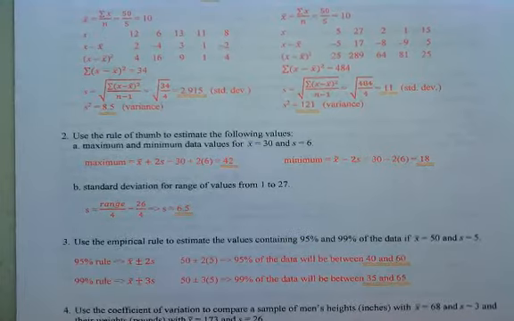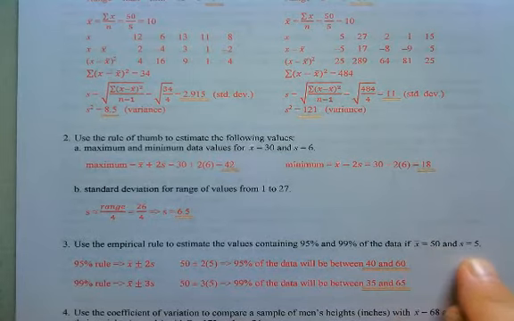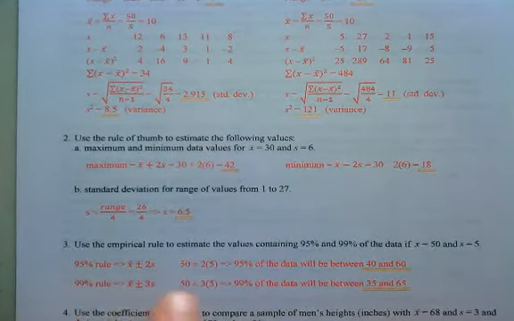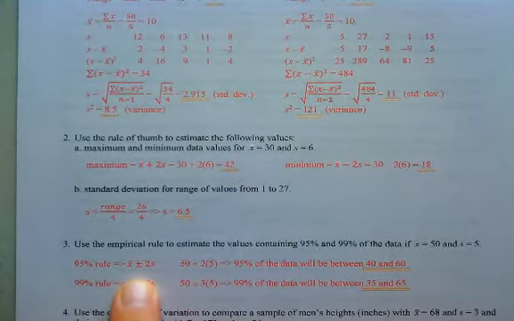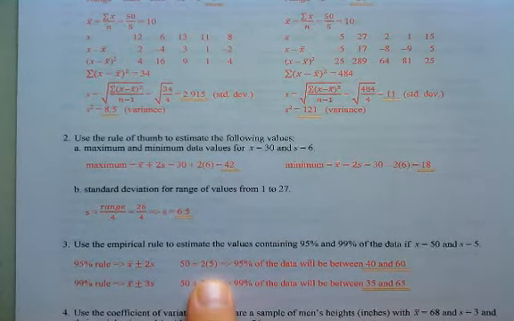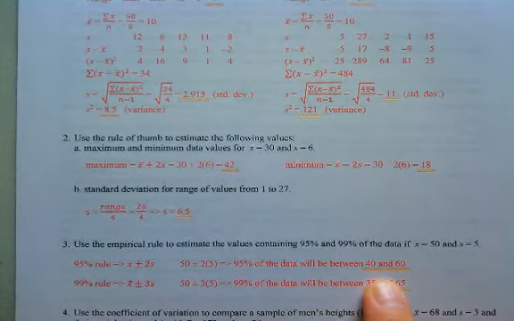Alright, so now we're going to use the empirical rule to make some estimates of how much of the data would be 95% or 99%, given that the mean is 50 and the standard deviation is 5. So remember, with the 95% rule, it's plus or minus 2 standard deviations from the mean. So 50 plus or minus 2 times 5 means that 95% of the data will be between 40 and 60.